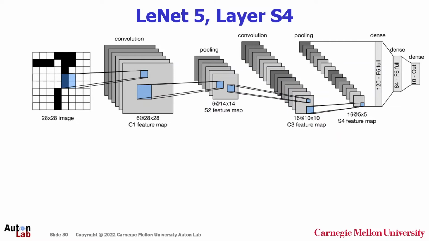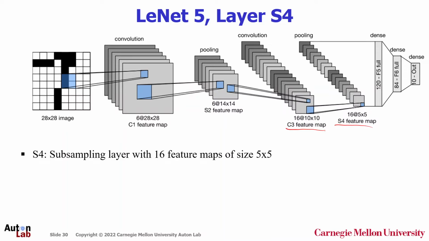The next layer, S4, is another pooling layer. It is very similar to S2. Layer C3 has 16 feature maps with size 10 by 10. This S4 pooling layer creates 16 new feature maps, each having a size 5 by 5.